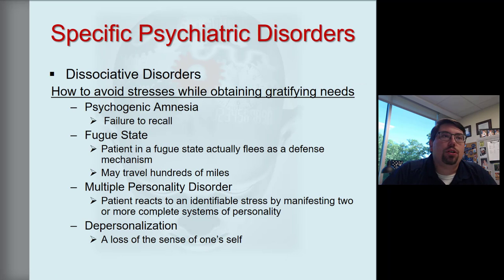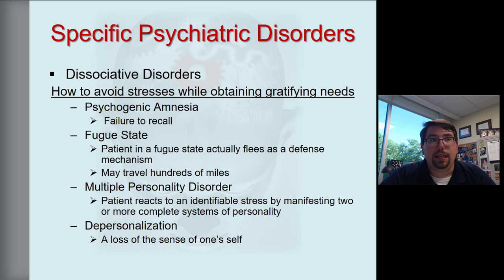Dissociative disorders, this is when we're talking about how to avoid stresses while obtaining gratifying needs. Psychogenic amnesia is a prime example of this, where they just have an incident occur and they physically can't recall. A lot of times we'll see that in patients who are trying to hide or suppress emotions or memories. In a fugue state, the patient actually flees as a defense mechanism.